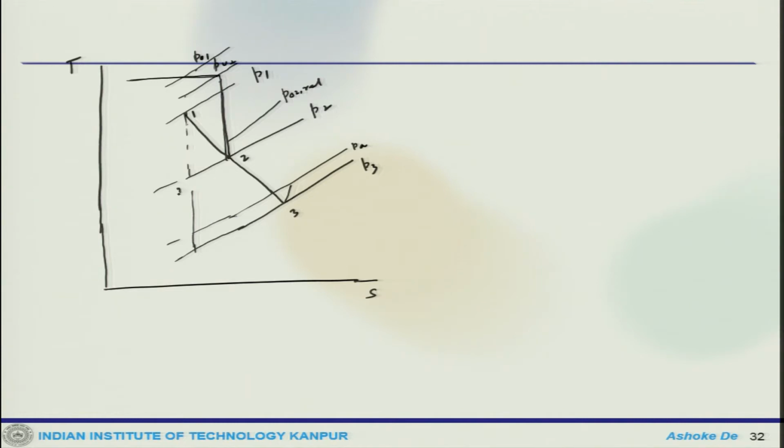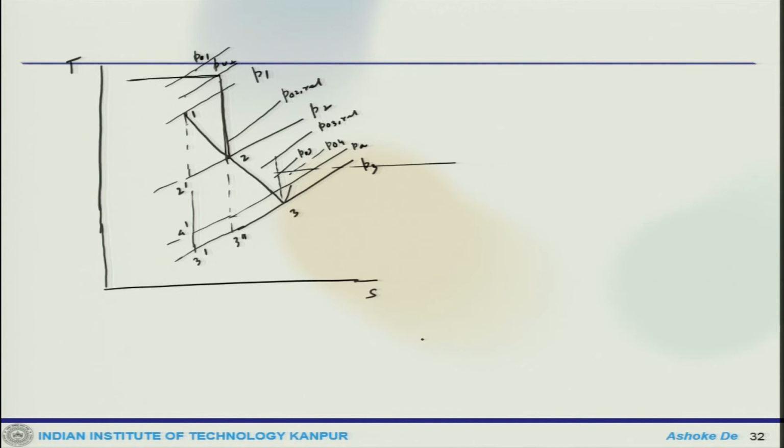So, these are 2 prime, 4 prime, 3 prime, 3 double prime. Then from 3 there is a line which is called 3 relative, and then this is P03, then we can have P04.